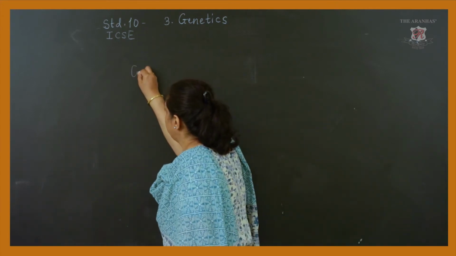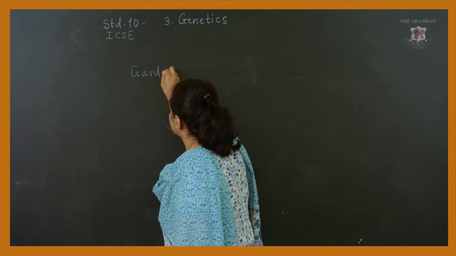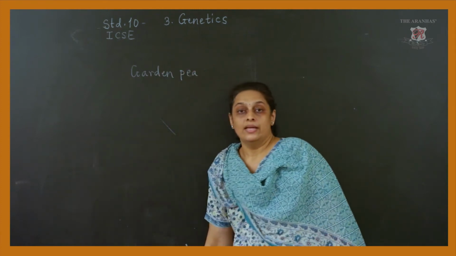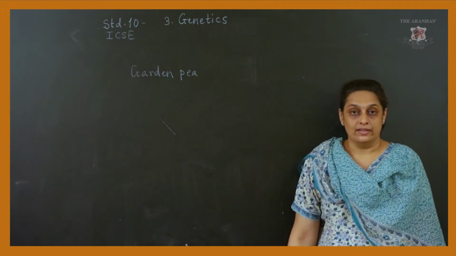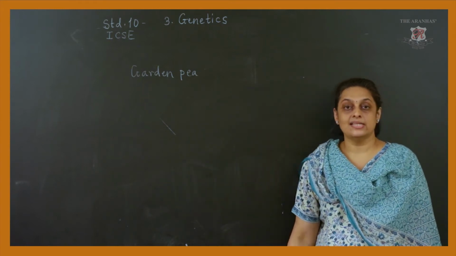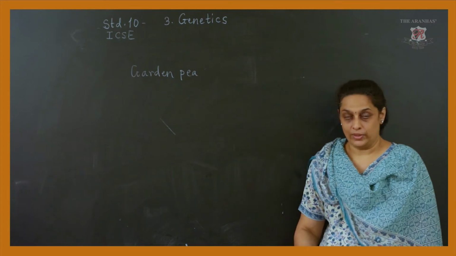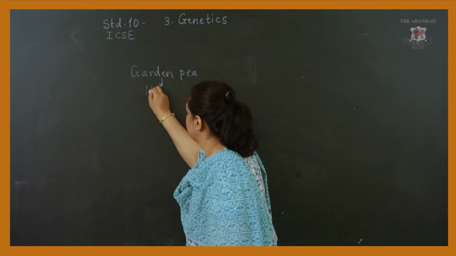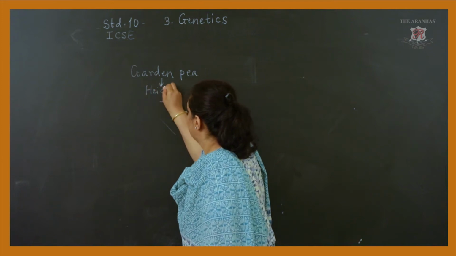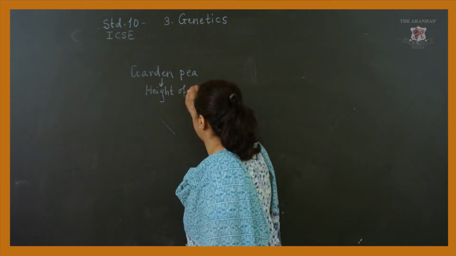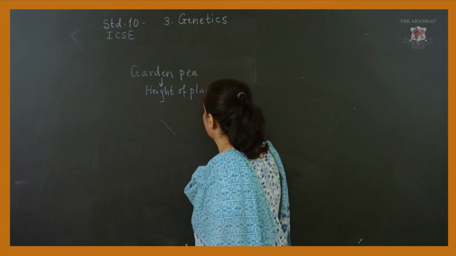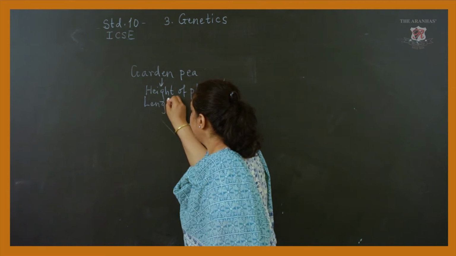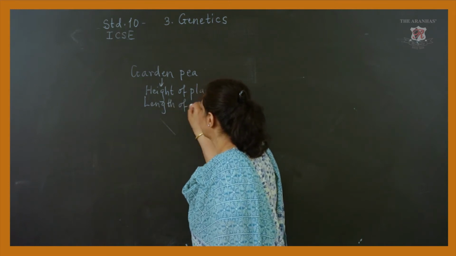Now in garden pea, if I consider one character, that is height of the plant. Which character am I taking? Height of plant, or length of stem.